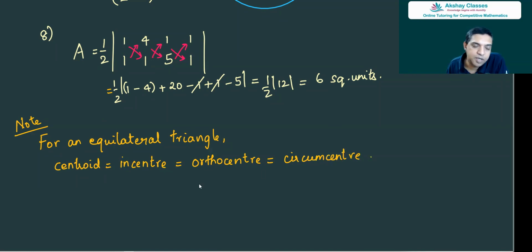Why? Because altitudes are the internal angle bisectors, and all the medians are the internal angle bisectors, and medians are the altitudes, and medians are also perpendicular bisectors. So they are concurrent. All these points will be the same in an equilateral triangle.